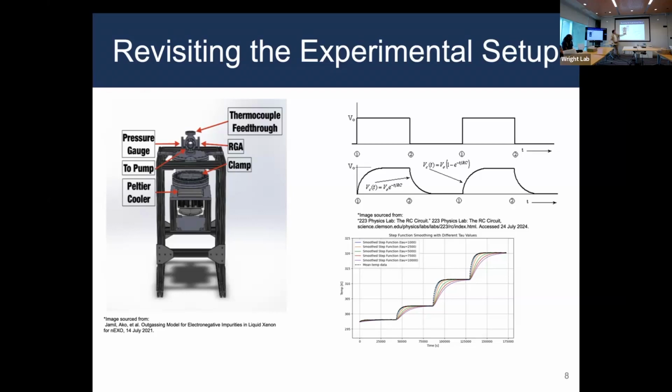So maybe there's this big tapering of our temperature that we're not really accounting for. We can use some common physics of a resistor-capacitor circuit, where we see this kind of tapering in time, modeled like 1 minus e to the negative t over some RC.